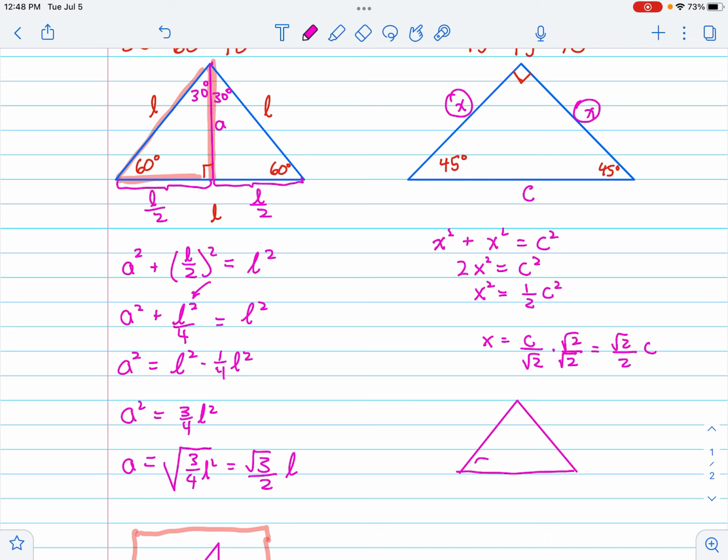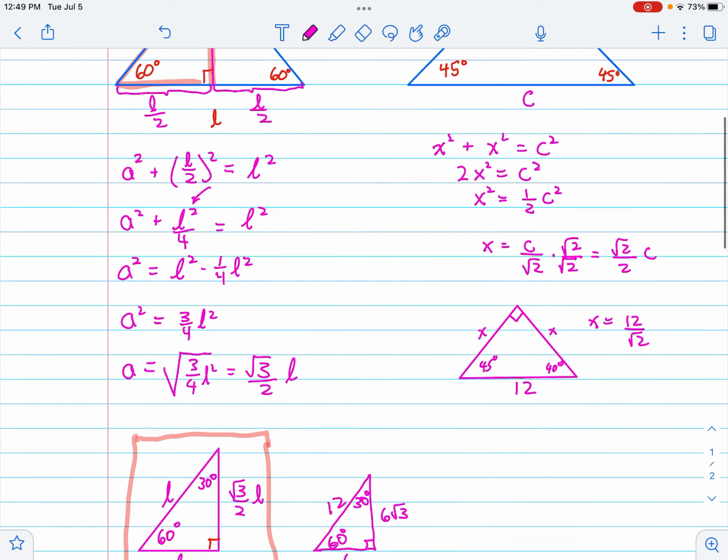This is 45 degrees, this is 45 degrees, and let's suppose the hypotenuse is 12. And this up here is x, and this up here is x. Well, x is going to equal 12 divided by the square root of 2.